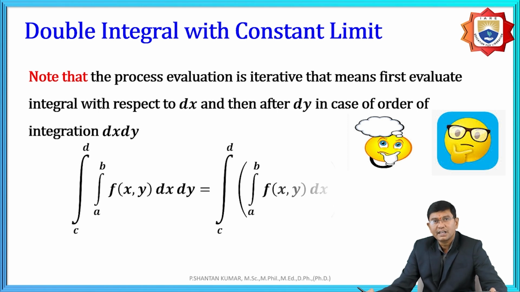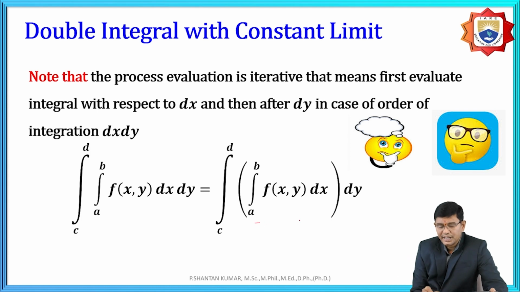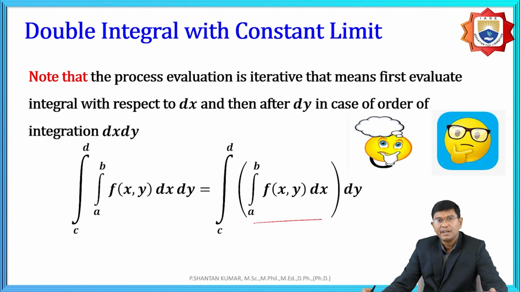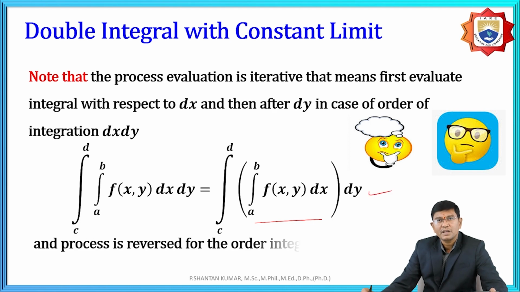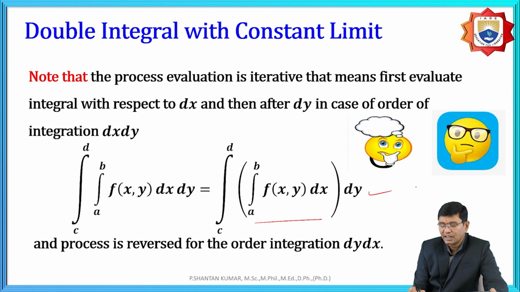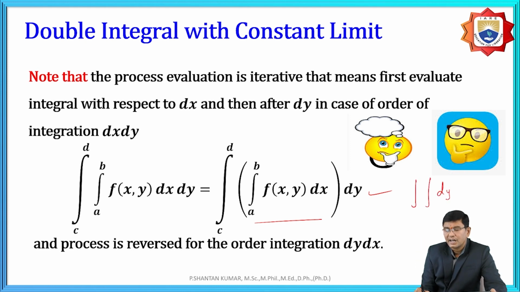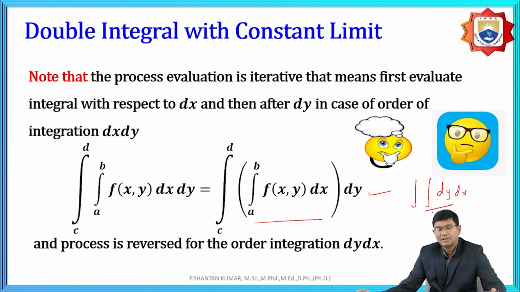For example, if the problem is given in terms of dx, that is x equal to a to b, after that simplification we integrate with respect to dy. Similarly, sometimes it is dy and dx, that means first integrating with respect to dy and after that with respect to dx. This is mandatory when the limits are given as constants. Depending on that, we give priority to the inside variable.